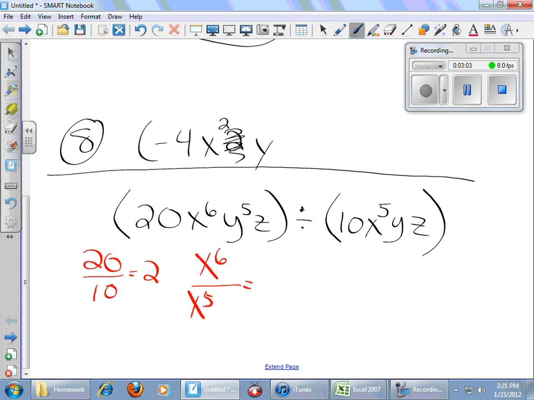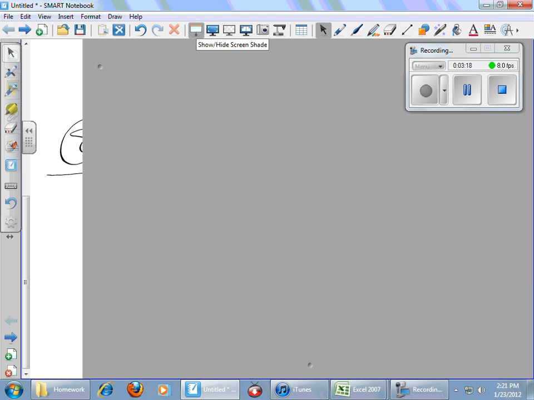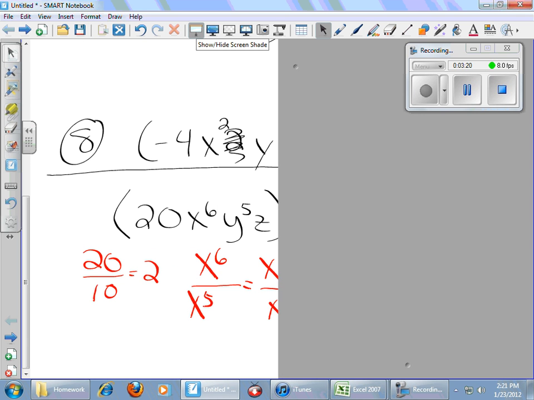Well, x to the 6th means x times x times x times x times x times x, and x to the 5th means this. I know that x divided by x cancels out.